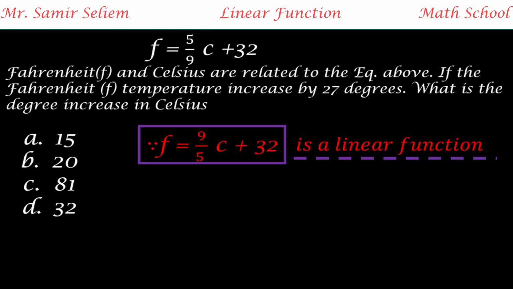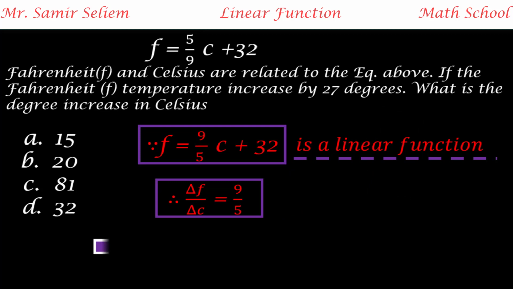Now, we studied before that delta y over delta x equals the slope. And we can find the slope here is 9 over 5, because this graph is a linear function. So delta F over delta C equals 9 over 5.